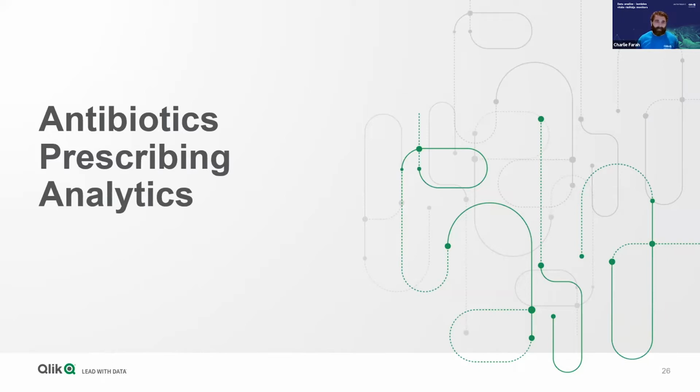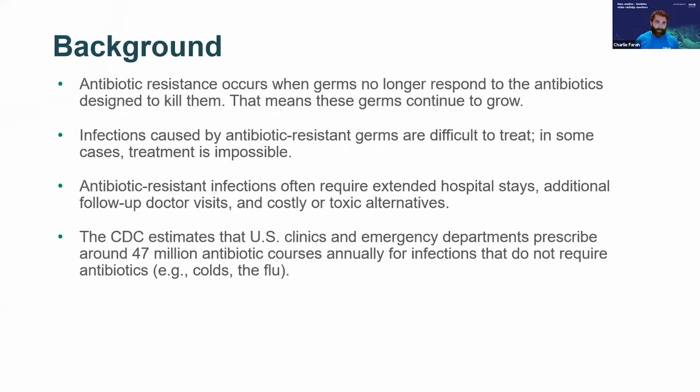The next few slides are just to showcase some success that we've had, or our customers have had, using Qlik to address this clinical need. As you know, antimicrobial resistance, or antibiotic resistance, occurs when germs no longer respond to the antibiotics designed to kill them, and that means that the germs continue to grow.